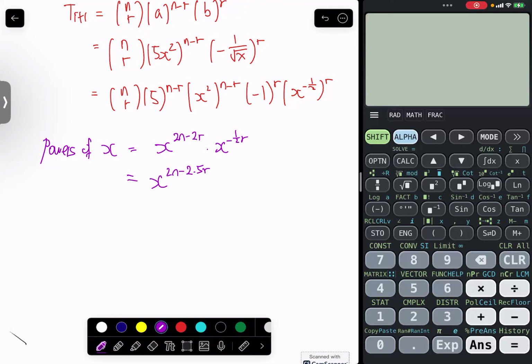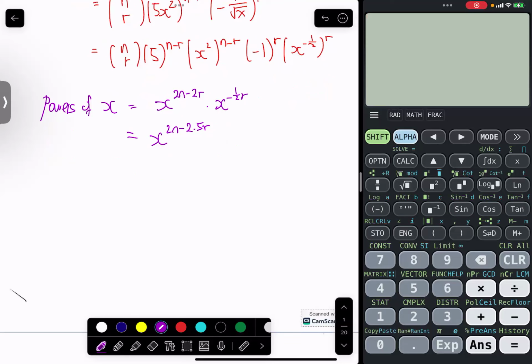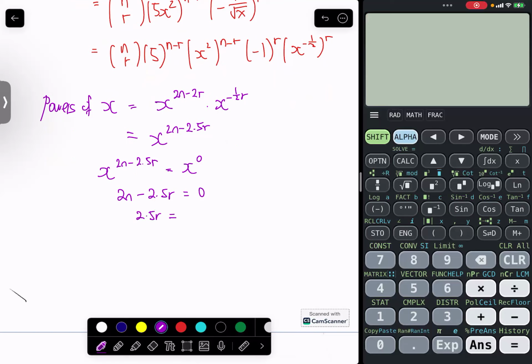Since we need it to be x to the power of 0, we can set up an equation: 2n minus 2.5r equals 0. So 2.5r equals 2n.